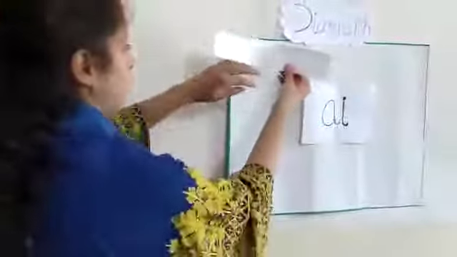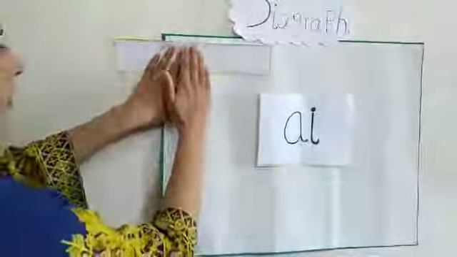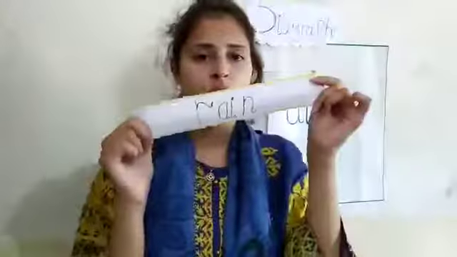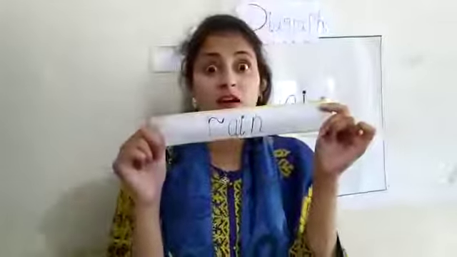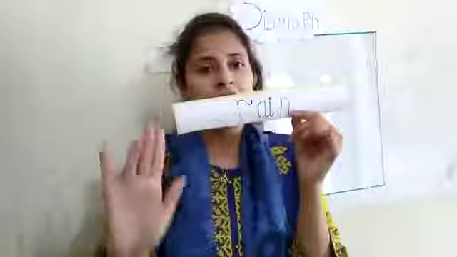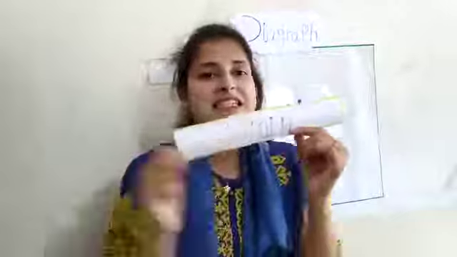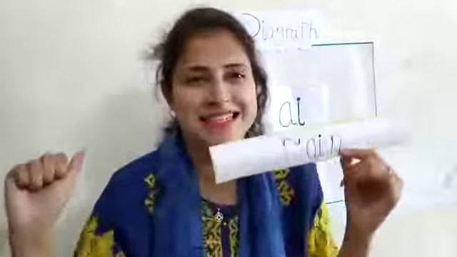And I'm going to paste this snail word on this chart paper. Okay, next word. What is the next word? This is rain. Rain, rain, go away. What is this?